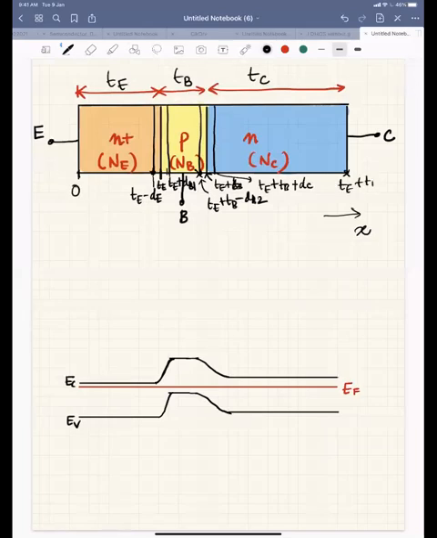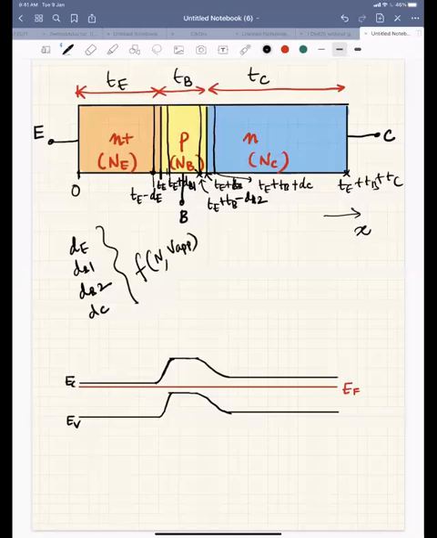Basically, you have two depletion widths, because there are two junctions. So we'll have depletion regions dE, dB1, dB2 and dC here, and they will depend on the doping. They are functions of doping and the applied voltage across them.